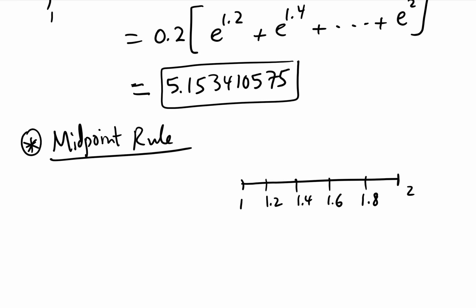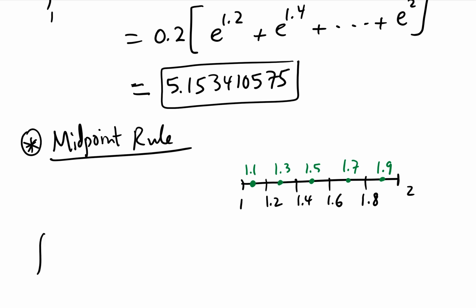Now we're going to pick the midpoints. This is the midpoint, midpoint, midpoint, midpoint, and last midpoint. So the midpoint here is 1.1, 1.3, 1.5, 1.7, 1.9. So these are the values I'm going to use in here.